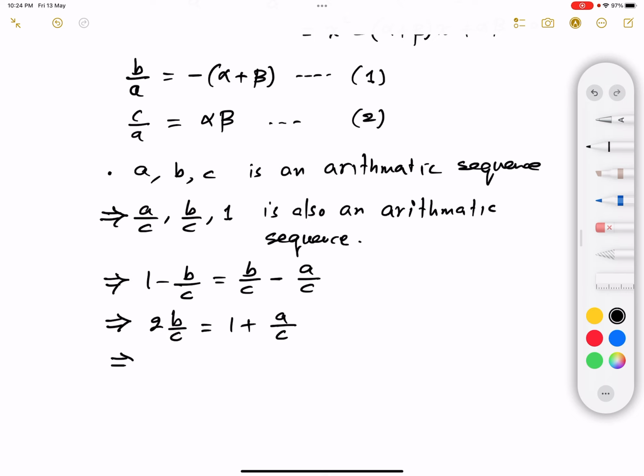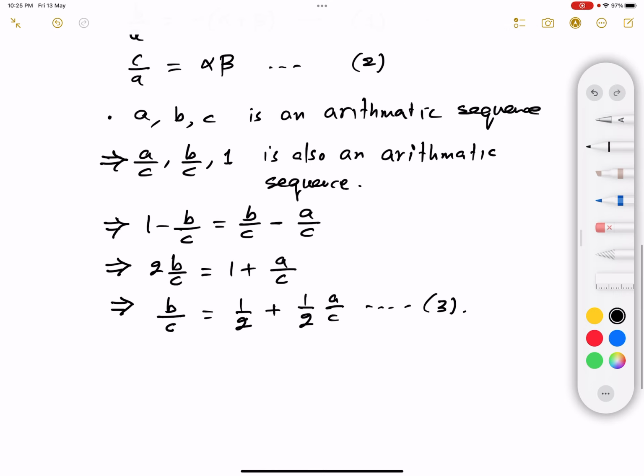From that, multiplying both sides by half, we get b over c equal to half plus half a over c, and I will call this equation number 3. We're going to use that equation in the next steps.